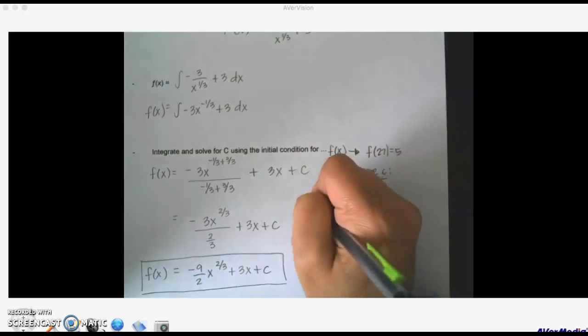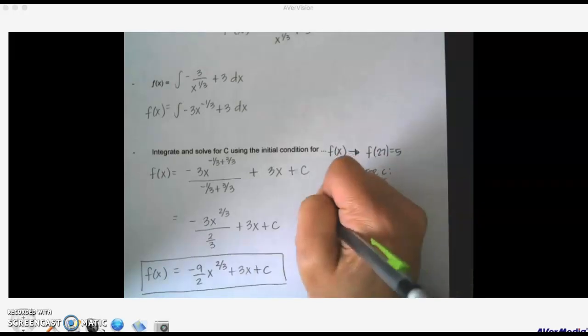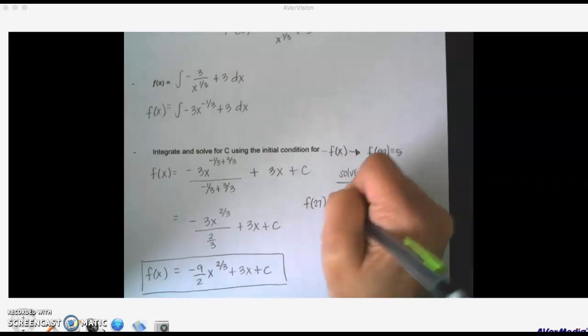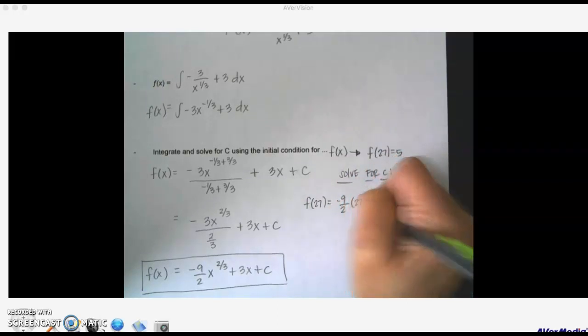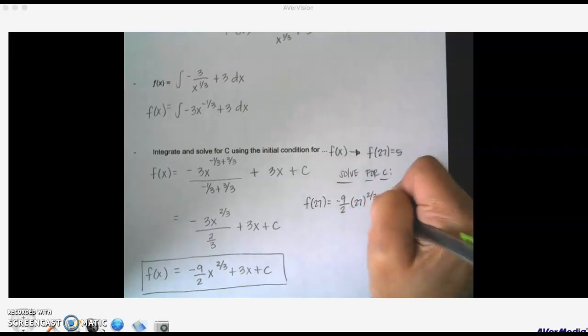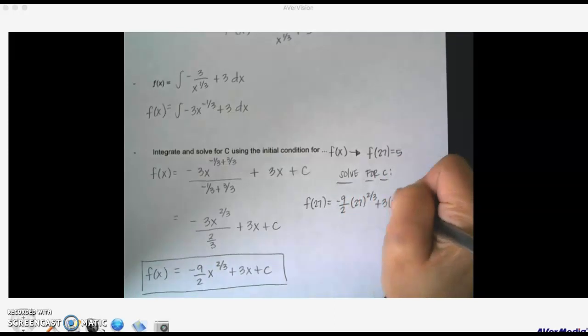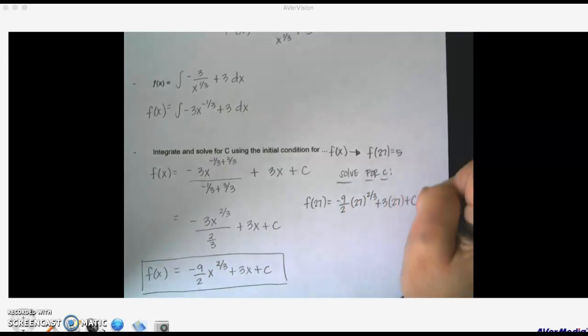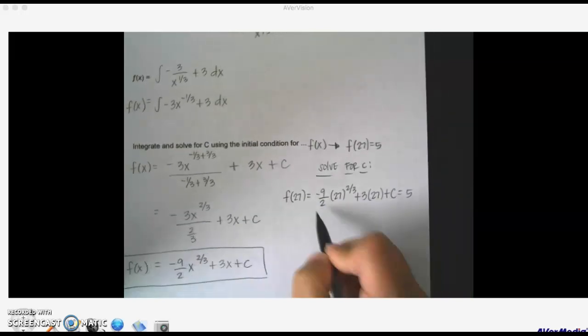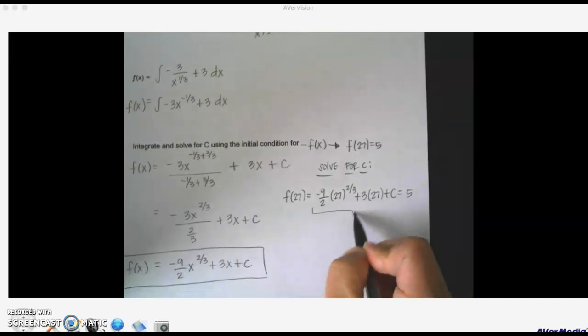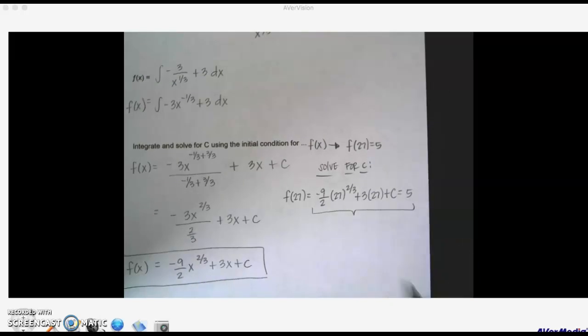So you're going to take our initial condition. This time my x is going to be the 27. And we want that to equal 5. So again, we're going to solve only this part for our c.